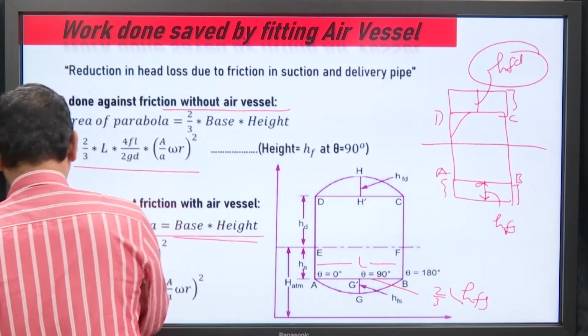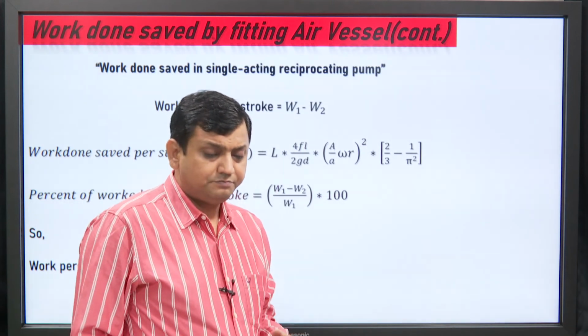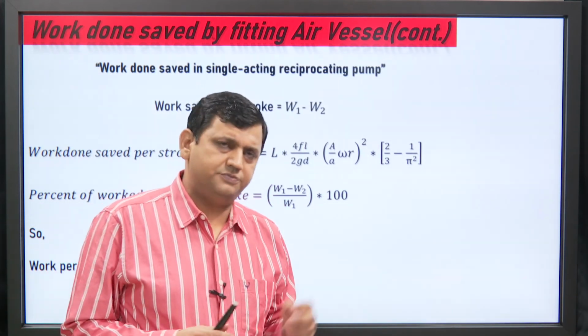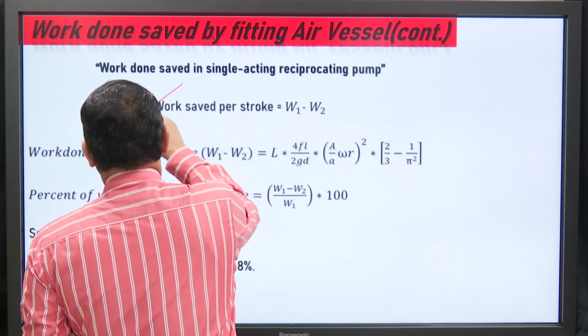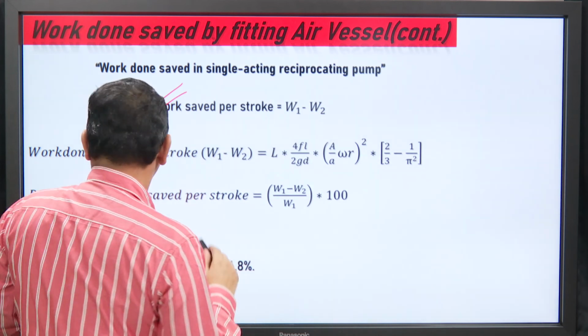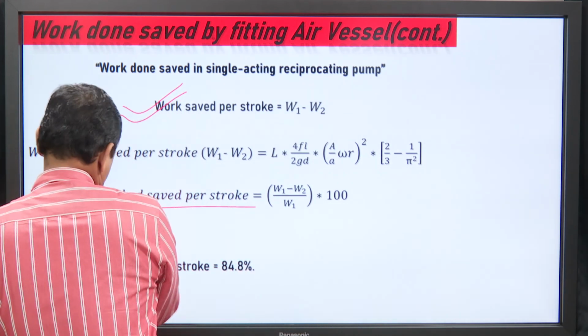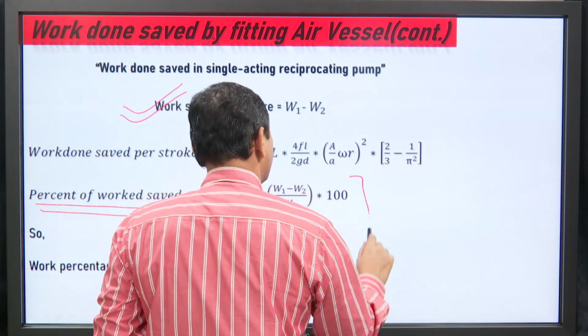So, we calculate W 2 on this basis. If we compare the work done saved in single acting, W 1 minus W 2, the percentage work saved per stroke in single acting is an outstanding result.